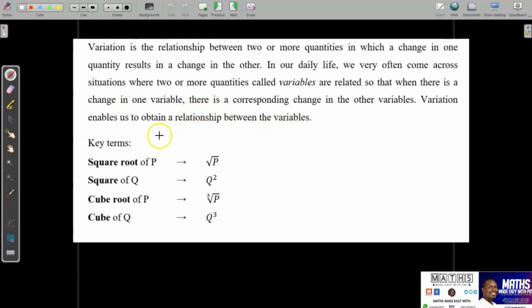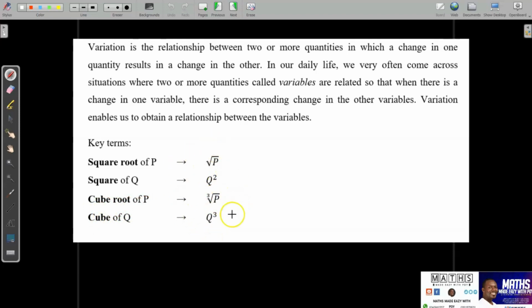So in our discussion, there are some key terms that you'll be hearing. Square root of p, which symbolically you can write like this, square of q, which is symbolically written like that, cube root of p, this is how symbolically you can write it, and then cube of q, this is how it is written.